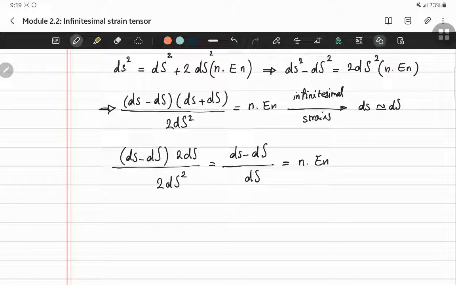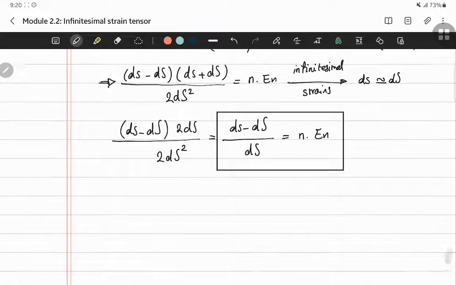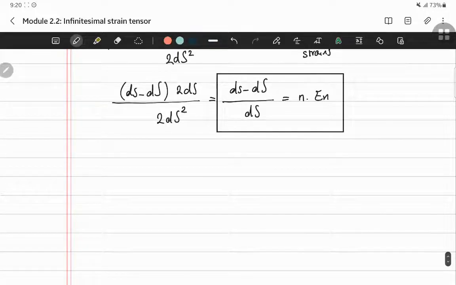This is also another important relation. And this is the same as, if you remember, if you have a beam or bar with a length of L0, and you pull it on one side, it will expand to L1.